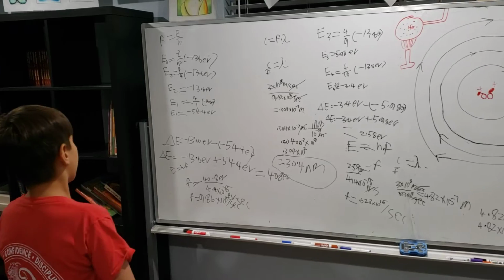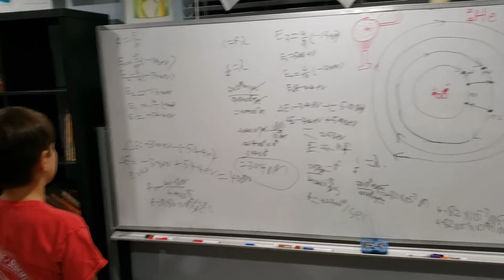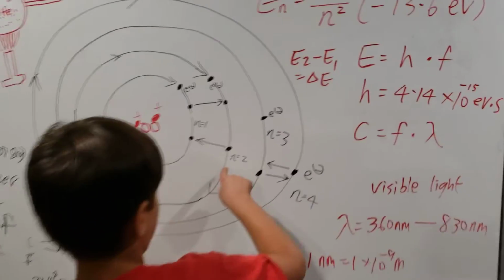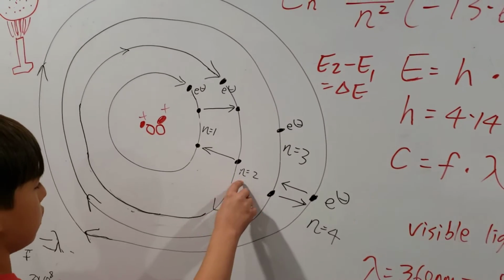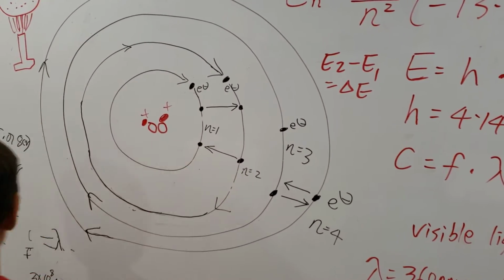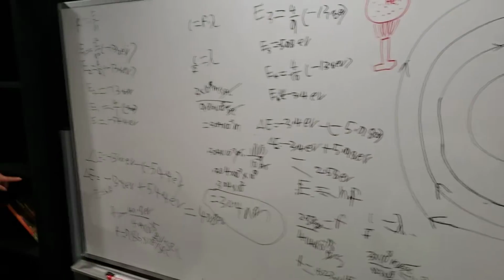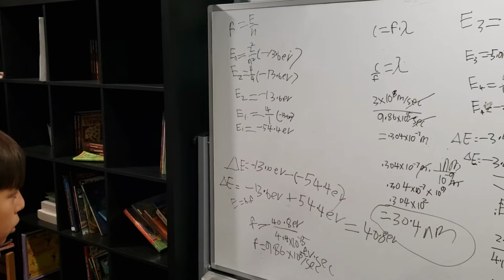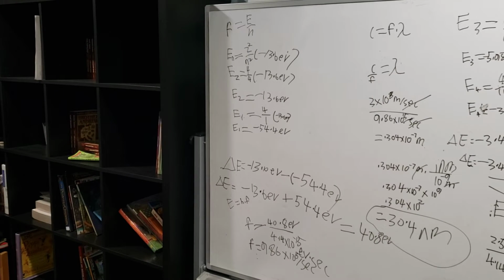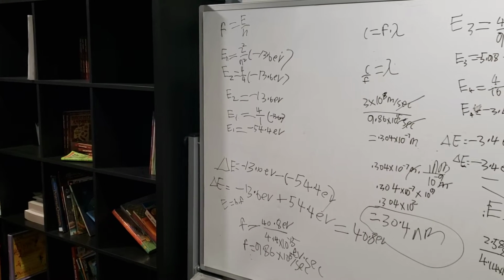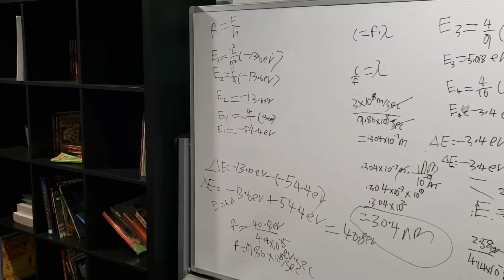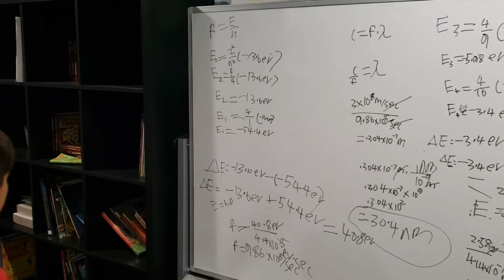And then I'm doing from the E2 right here, the energy level E2 to E1 for the first one. For E2 I got 13.6 eV, and for E1 I got negative 54.4 eV.